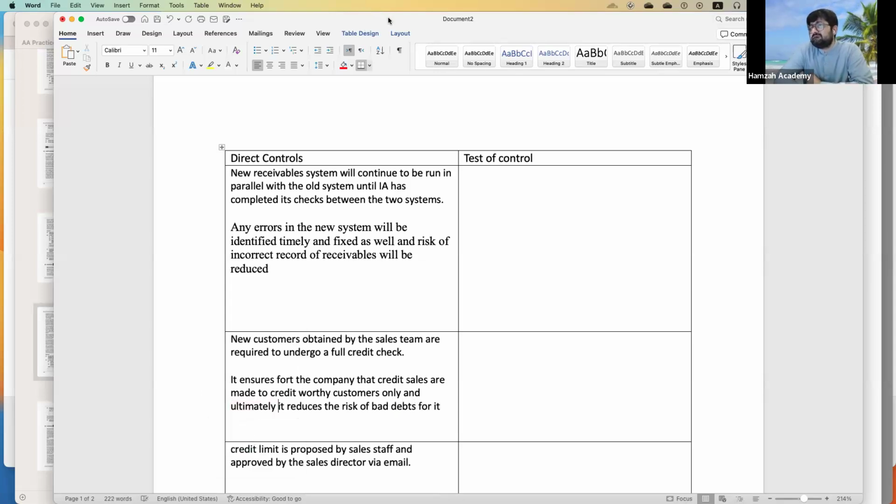Simple is that. Reduce the risk of bad debt. So explain it properly.